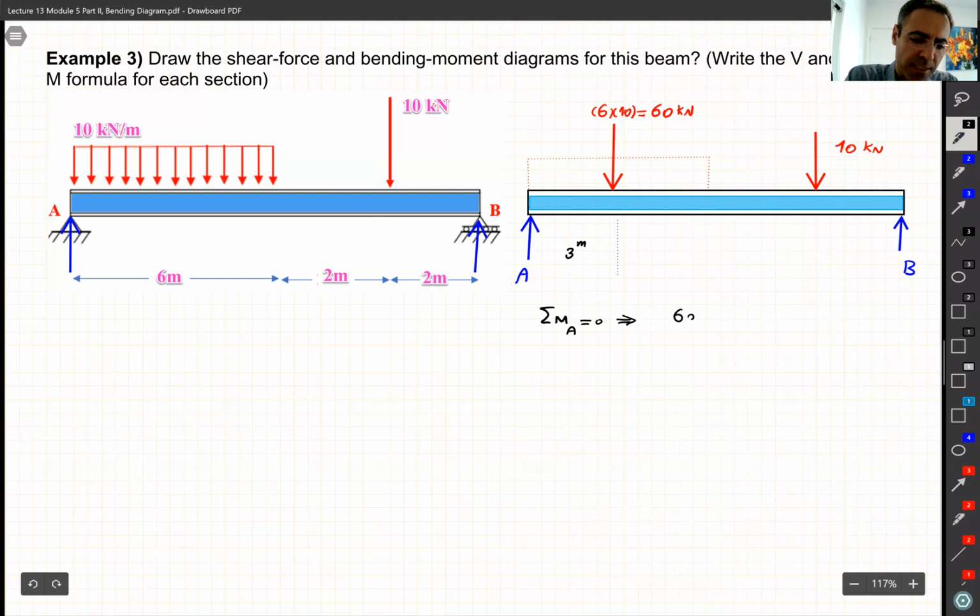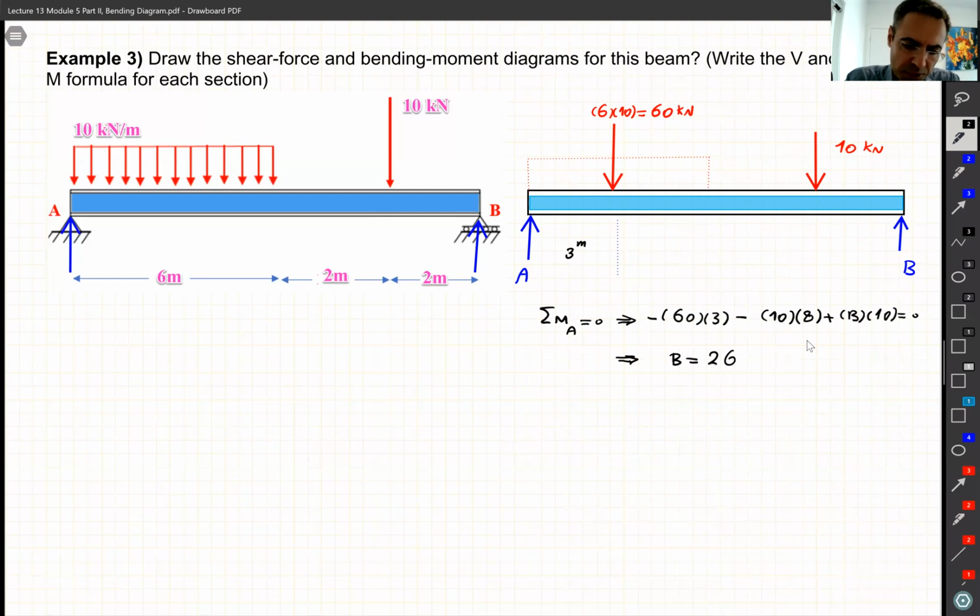So I have 60 multiplied by 3, negative, minus 10 multiplied by 8, minus B multiplied by 10 equal to 0. From here, I can find B, which gives me 26. Please check that I didn't make any mistake.